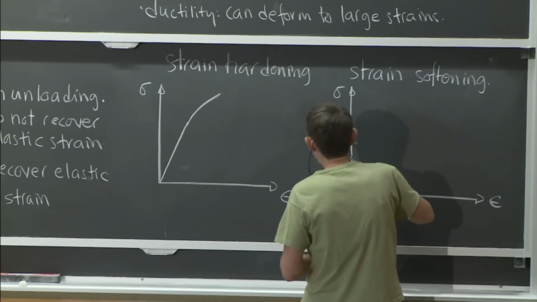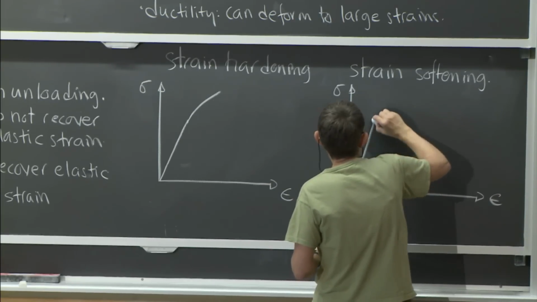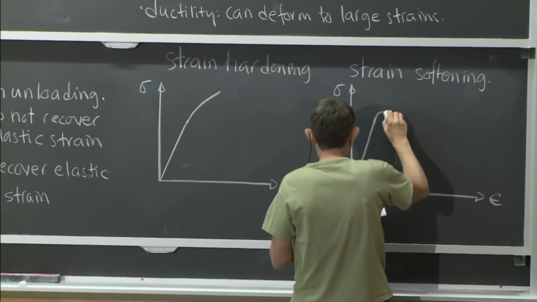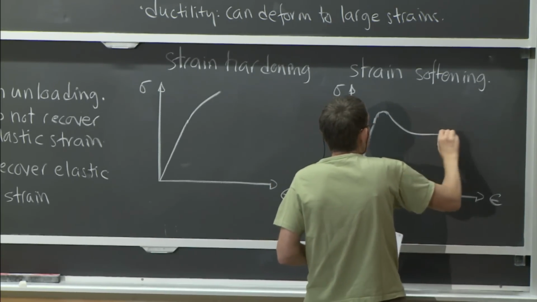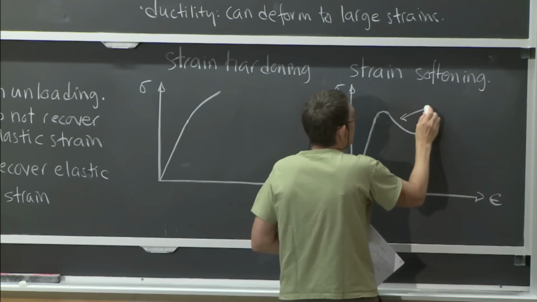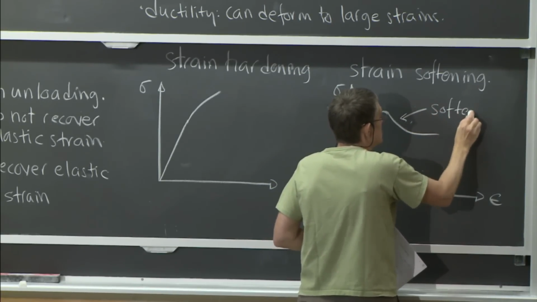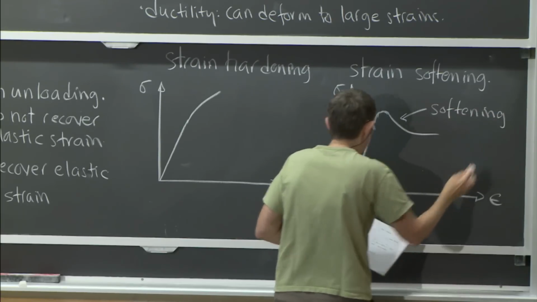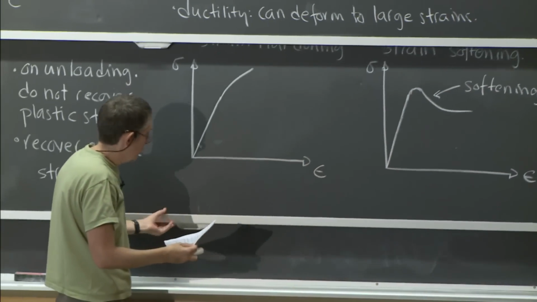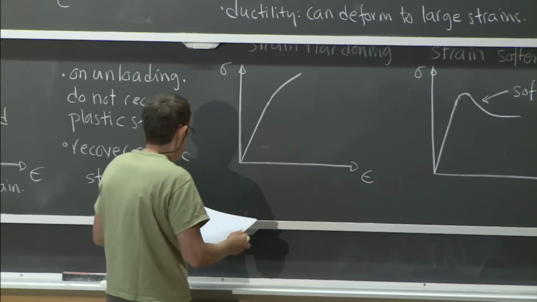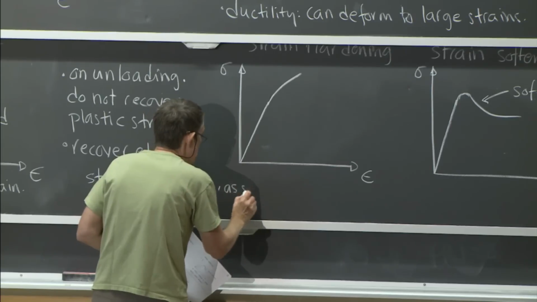So there's my stress-strain curve again. Say the linear elastic bit was here, and then it did something like that. This would be strain softening here.